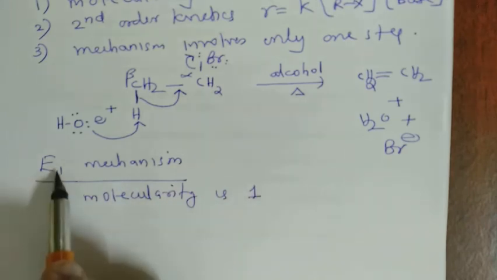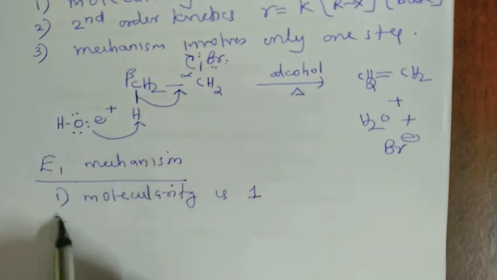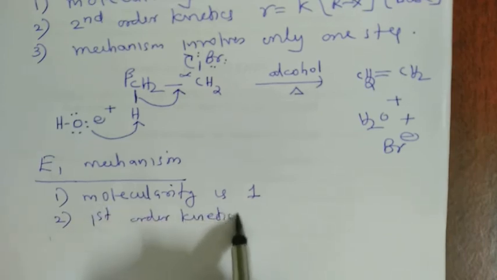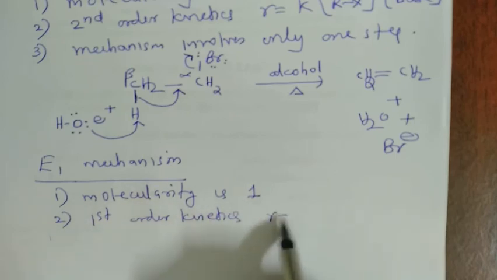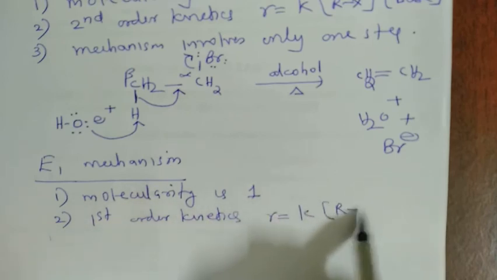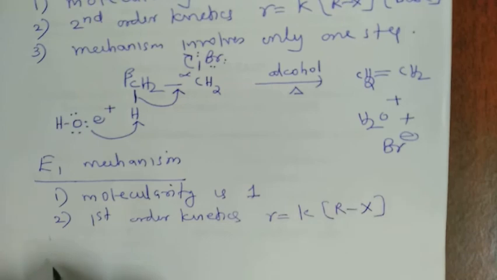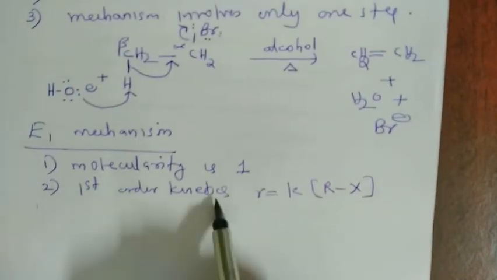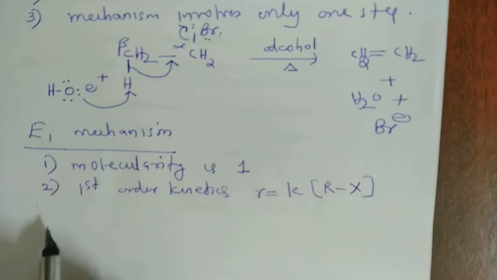E1 stands for unimolecular elimination. Reaction follows first order kinetics with experimental rate law R equal to K into concentration of haloalkane. Here rate of reaction is independent of the concentration of base.